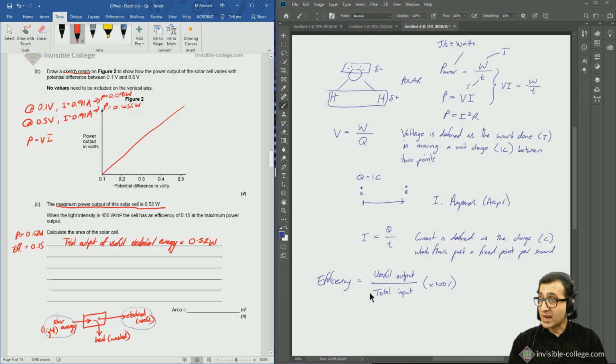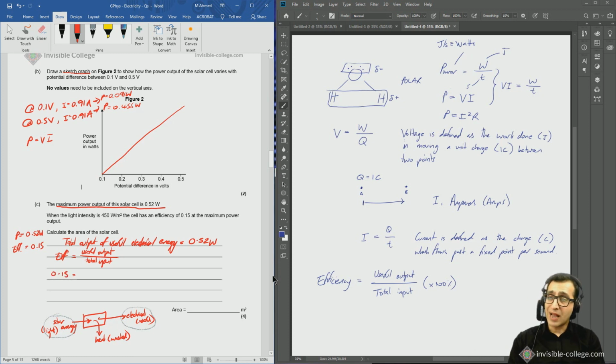So we can substitute values into this equation. Show the examiner the equation. So we have efficiency equals useful output divided by total input. So this efficiency value is 0.15.